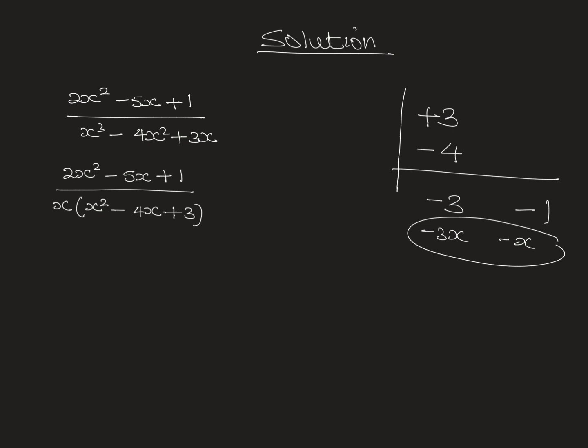In that case, I'm going to have 2x squared minus 5x plus 1 all over x into (x squared minus 3x minus x plus 3).